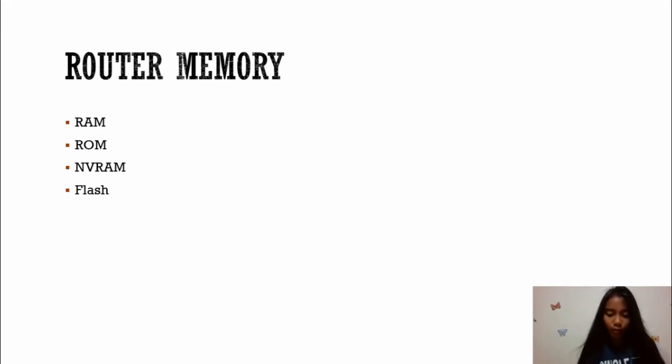Cisco routers use a fast type of RAM called synchronous dynamic random access memory, or SDRAM. For the next one, we have the ROM.